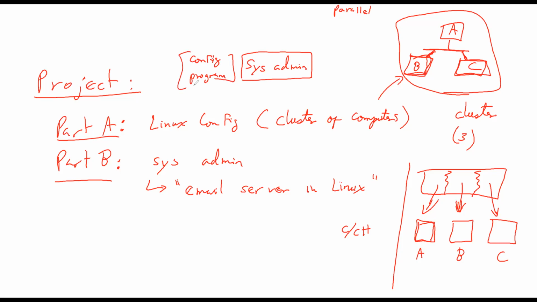Now, this will require configuration in all 3 nodes. These are going to be called nodes in the cluster. For you to be able to do parallel computing, you're going to have to perform this configuration. Each one of these can be its own independent machine, a VM: VM1, VM2, VM3.